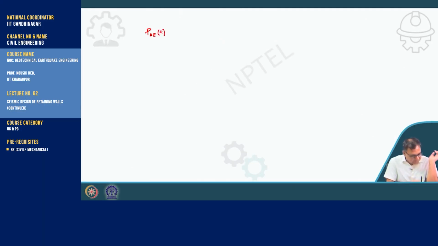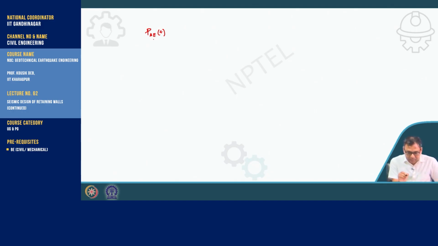If I draw them with their angles, because we know their direction, though not their point of application, and make the force triangle, I will get PAE, similar to Mononobe-Okabe.